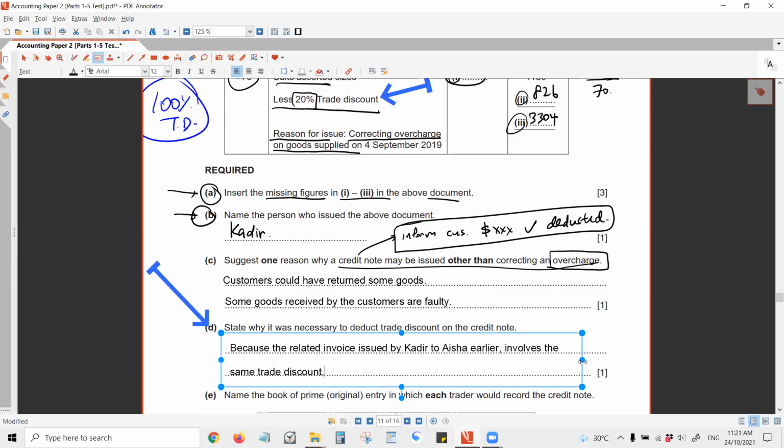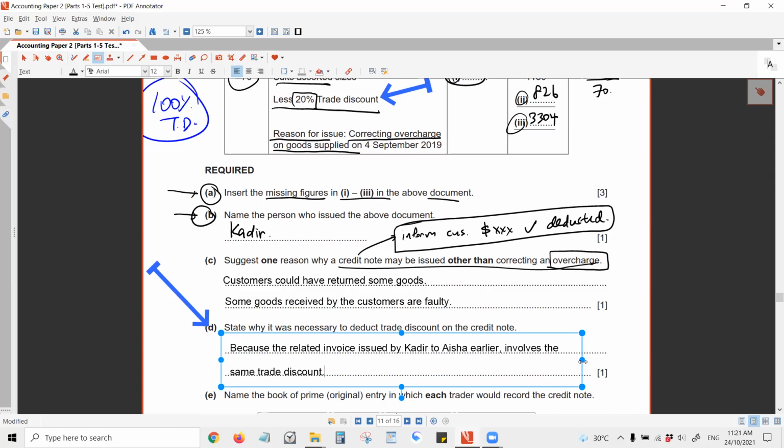They are testing whether you are aware of the reason why you need to include trade discount when it comes to returning goods. So you have to mention, because the earlier invoice also involved the same trade discount, I mean, at the buying stage you also have the same trade discount.